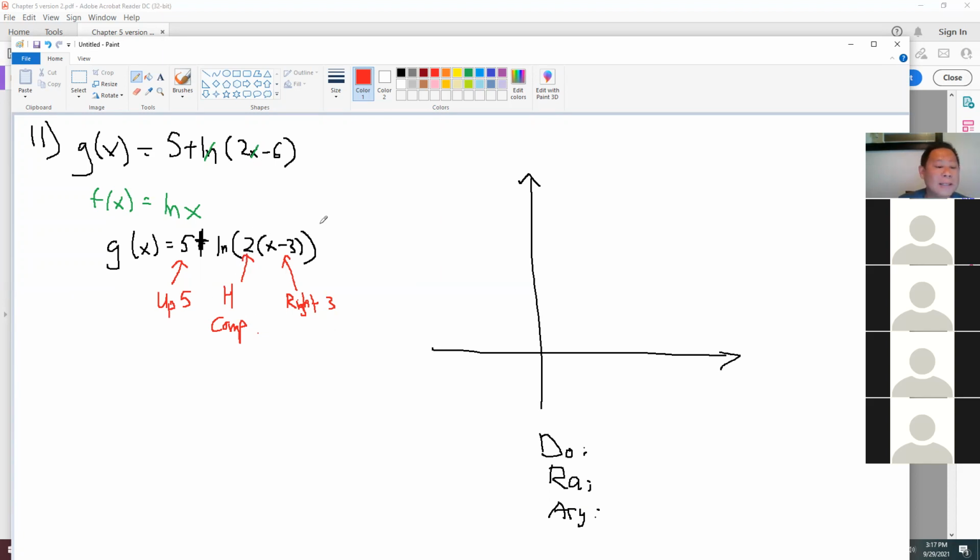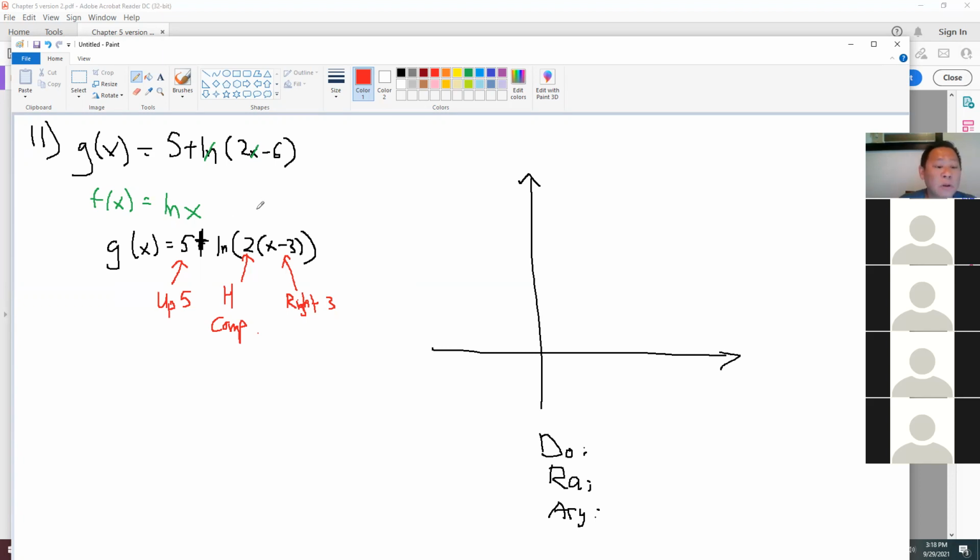So which one should we start to do first here? Up 5, the compress, or the right 3? Right 3. Okay, I know that a lot of people follow order of operations. You just look inside, oh, this is inside the parentheses, so we do it first.